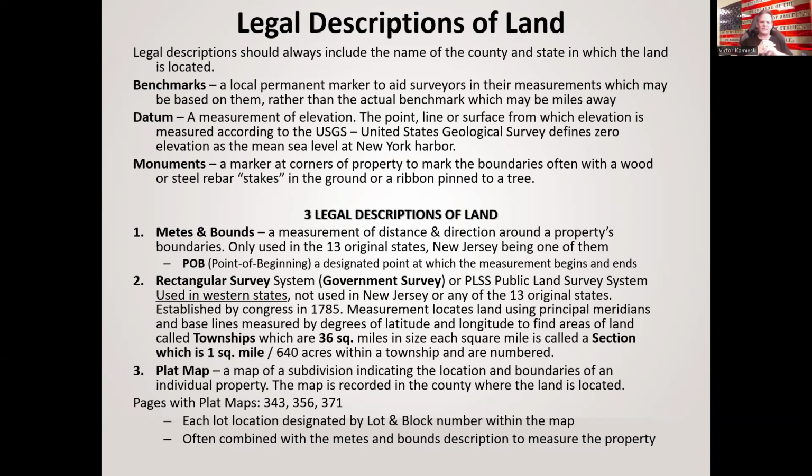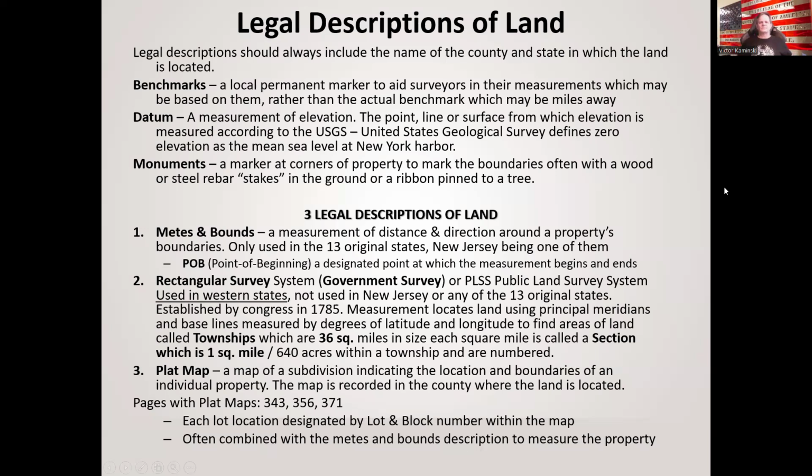Each lot location is designated by lot and block number within the map, and often combined with a meets and bounds description to measure the property. Yes, you can combine legal descriptions. The plat map just shows the map of the subdivision and all the blocks and lots. And then you can measure the lot using the meets and bounds system, measuring the distance and direction around the property.